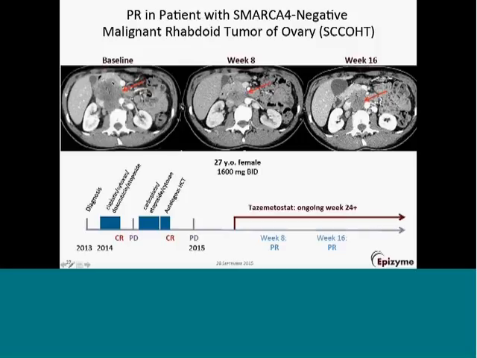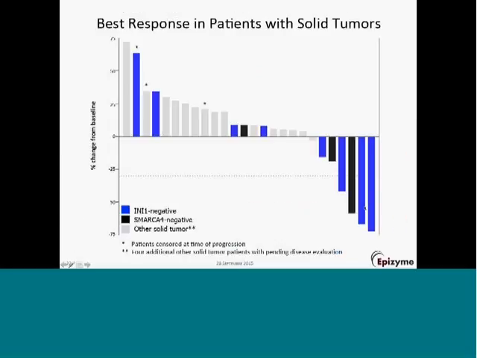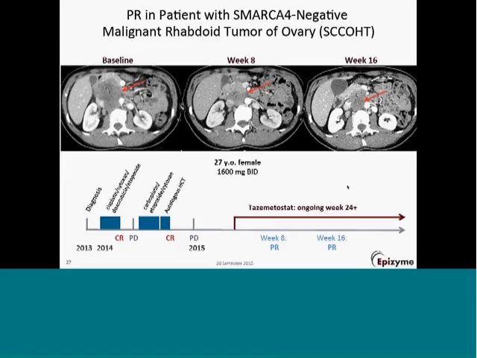This is actually the CT scan. It's a cross-section of a patient's abdomen. You can see a big tumor here at baseline. The tumor got smaller, and then it got smaller since at week 16. And here it actually says the treatment's continuing at week 24. So I may have to restate myself and say that I'm not 100% sure if these patients are still on the trial or not.